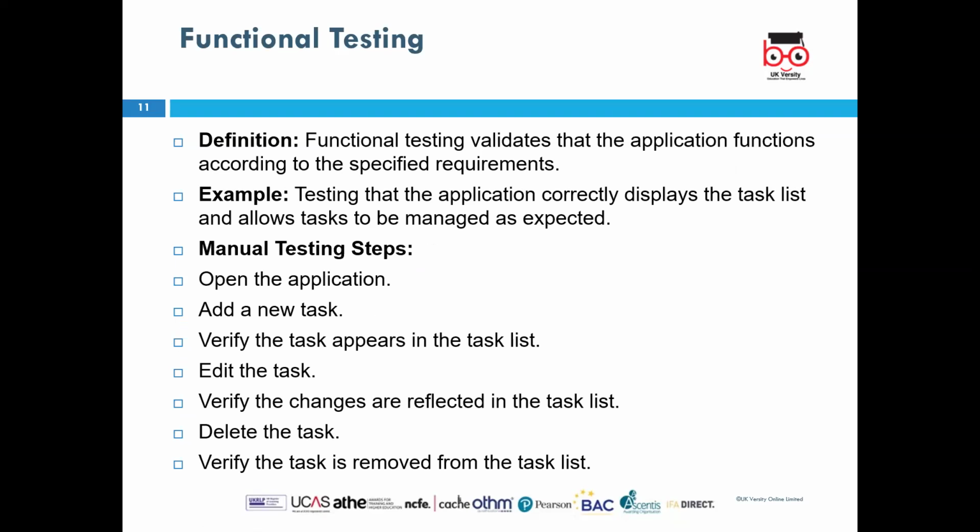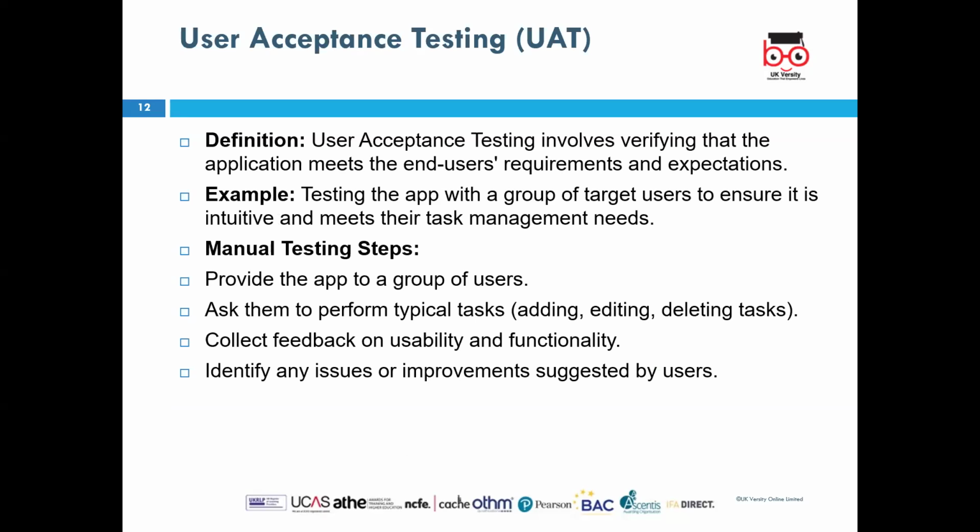The manual testing steps are to open the application, add a new task, verify that the task appears in the task list, edit the task, verify the changes are reflected in the task list, delete the task, and lastly, verify that the task is removed from the task list. User acceptance testing involves verifying that the application meets the end user requirements and expectations.